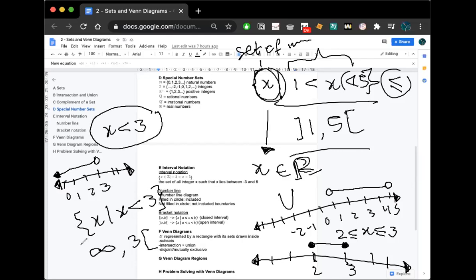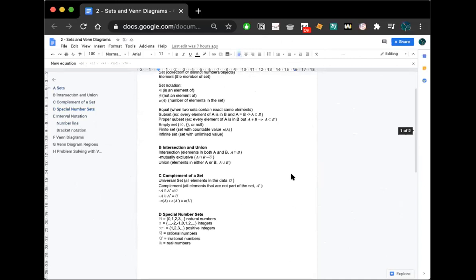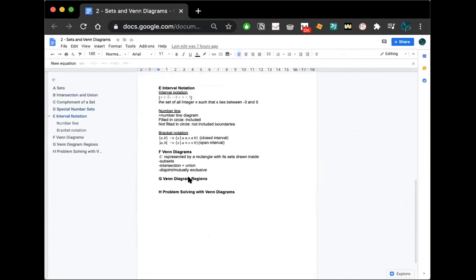I'm not sure if you're supposed to express it this way or the other way, but I'm assuming you have to express it this way since it includes infinity. Logically. And this is pretty much it for the theory for Venn diagram regions and problem solving.